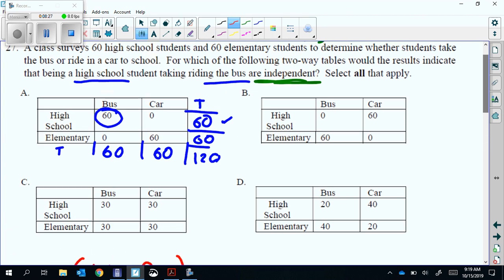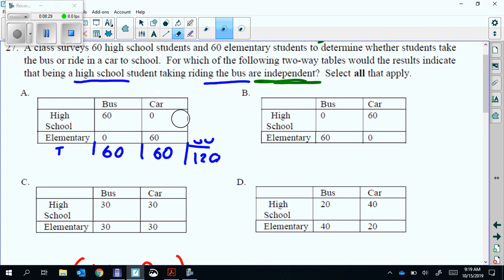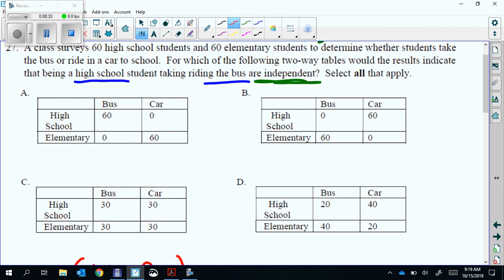So for part A, the probability of being a high school student that rides the bus. That's 60 out of the total of 120 people. Did the same thing here. Probability of a high school student riding the bus, that's 0 out of 120.